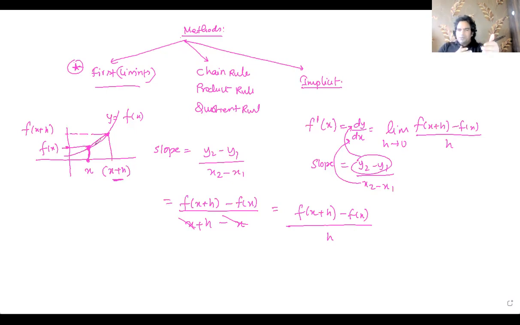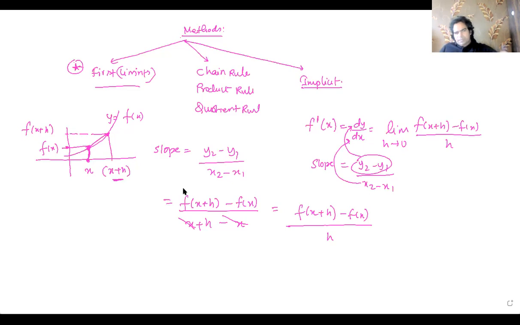This is also the average rate of change: the average change in y with respect to the change in x. So when you logically look at the entire formula, this is still not the one I want.